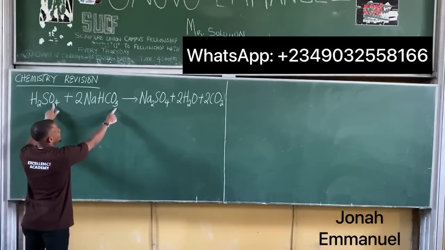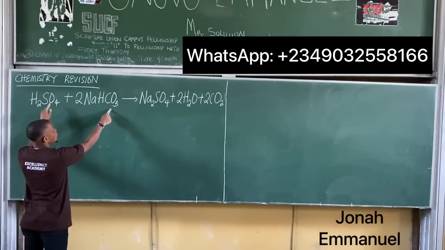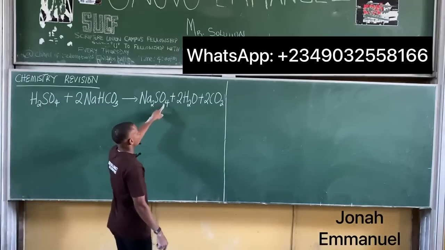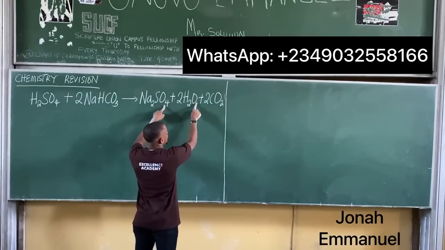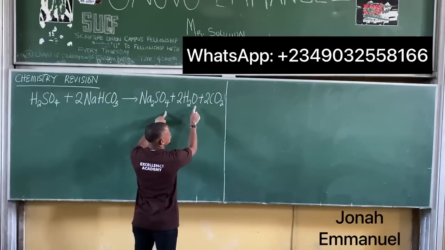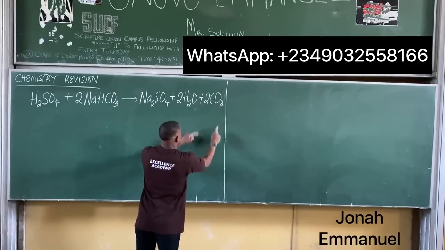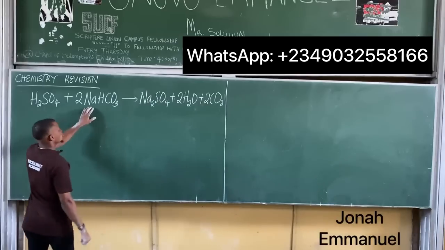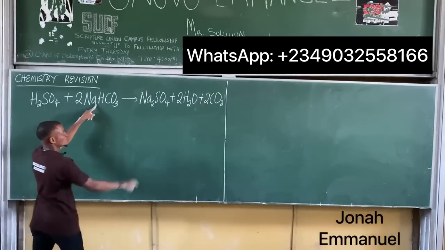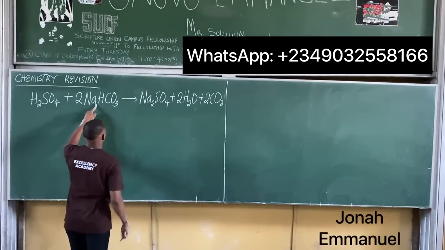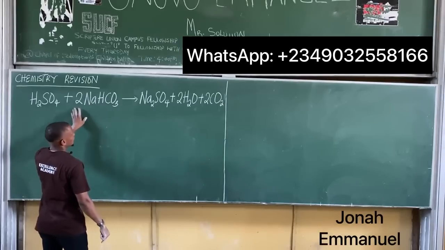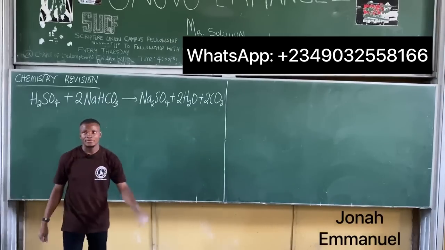I have 2 times 3. That's 6. 6 plus 4, that's 10. Here I have 4. 2 times 1, that's 2. 4 plus 2, 6. 2 times 2, 4. 4 plus 6, 10. That's balanced. Sodium, I have 2 times 1, 2. Here I have 2. That's balanced. I've dealt with hydrogen. So yes, it's balanced.